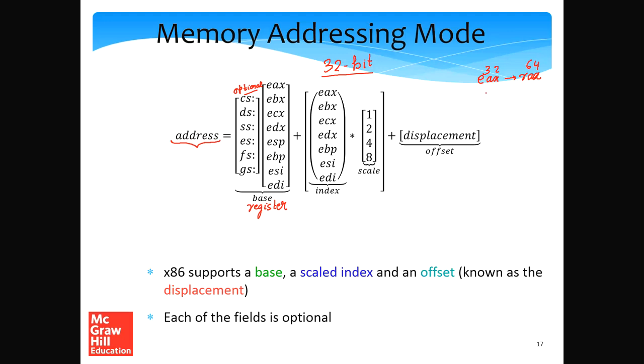Similarly, to move from let's say 16 to 64, AX will become RAX. This is a very simple transformation. Similarly, going from 64 to 32, all registers of the form RAX or RBX, doesn't matter, will become EAX.